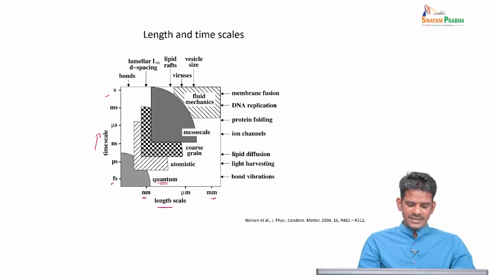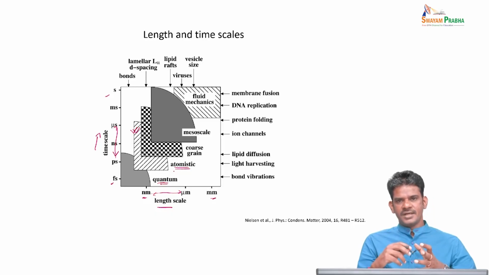And then if you go to a little larger length scale, between nanometer to a micrometer, and similarly from picoseconds to microseconds, then you have this regime which is called the atomistic limit. In this atomistic limit, the electronic degrees of freedom are not so important. You can discuss the dynamics of the system using the nuclear positions of the atoms and molecules themselves, and this is where we can even use classical mechanics to study the system's behavior.